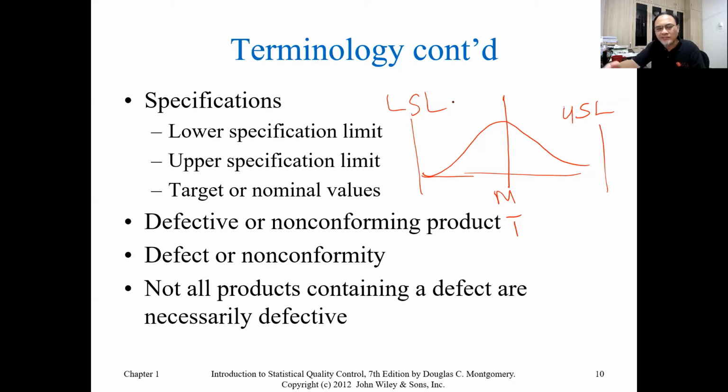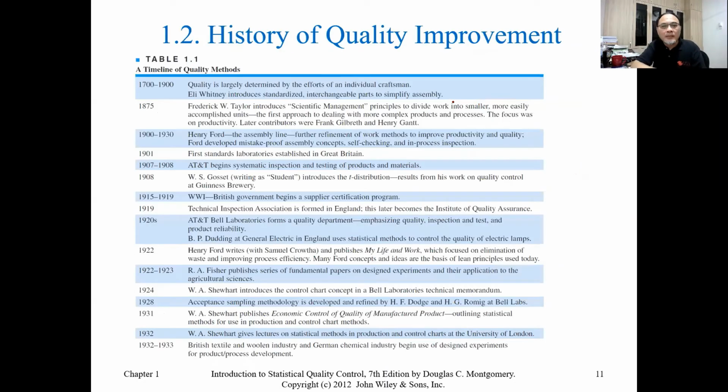It's damaged. That's defective, which results in the product not being able to run. But a scratch won't affect the running of the computer. It's just minor. Well, it's not minor if it is new, but as you go along, you can manage and you can still use it if the pen has scratch. So not all products containing a defect are necessarily defective.